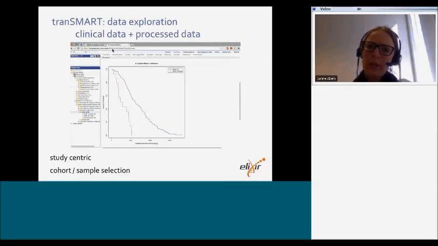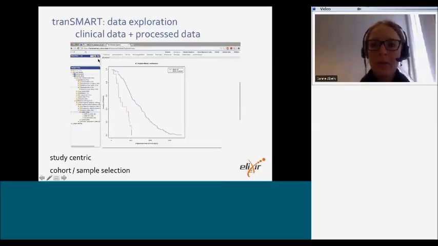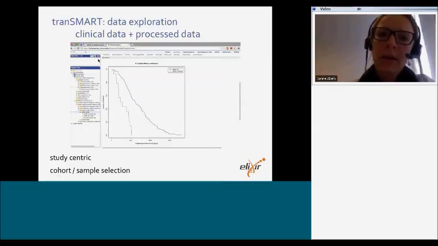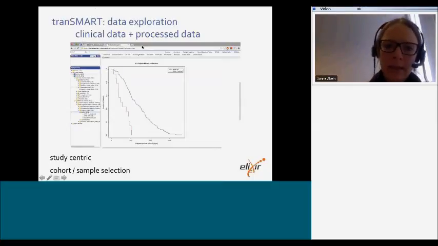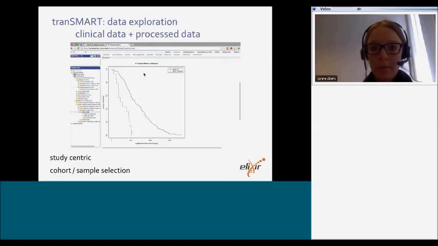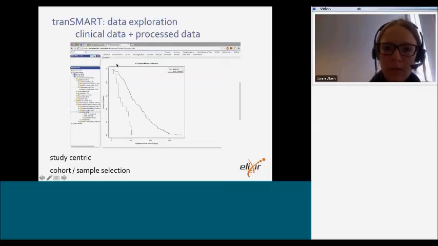Transmart is really used to combine the process data, so when the data is already processed, together with the clinical data. And so this is, of course, where, from the TraIT end user point, the really interesting combining of data starts happening, because this is, for example, where you can start stratifying patients to see if there are certain patient groups. So this is a classic Kaplan-Meier plot.